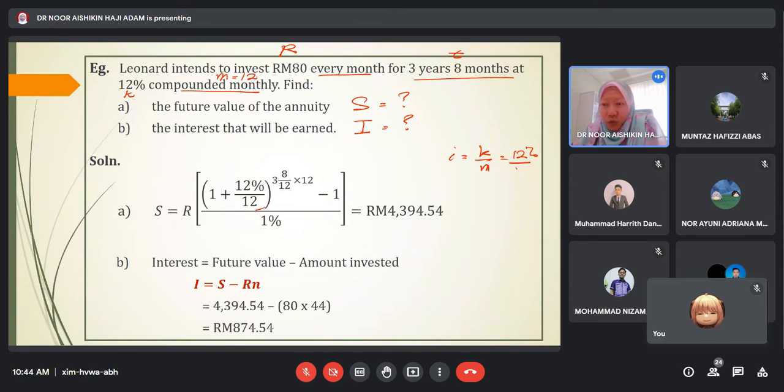What is your M? 12. 12% compounded monthly. So 12% over 12, 12 over 12, 1%. Or 0.01. Faham? Any other question? No.